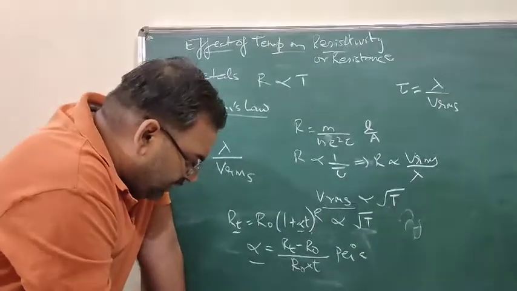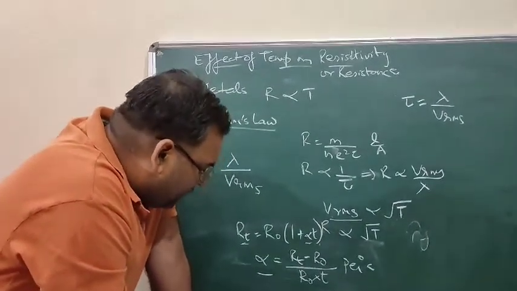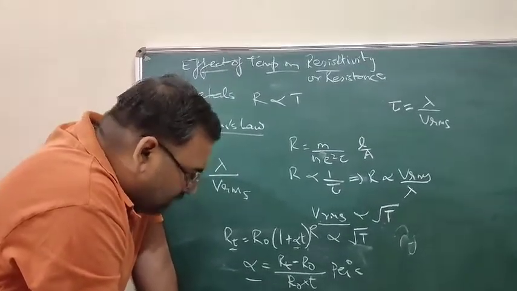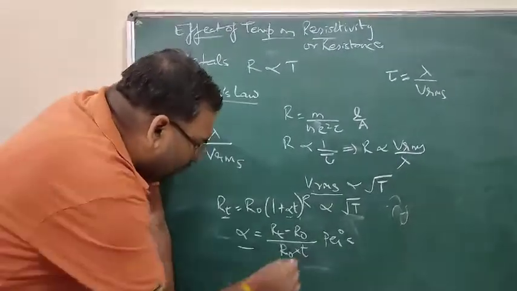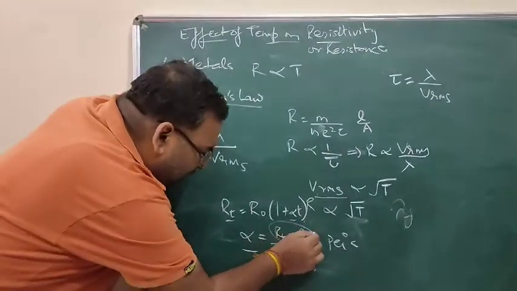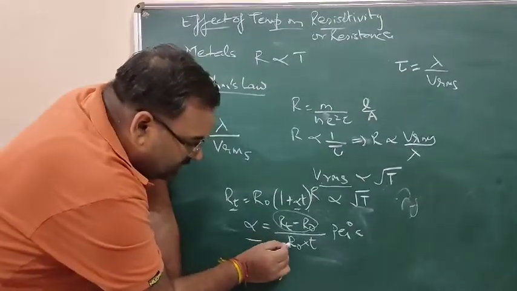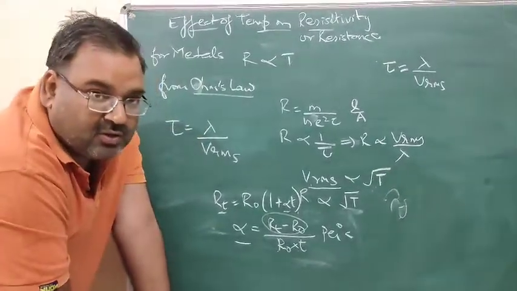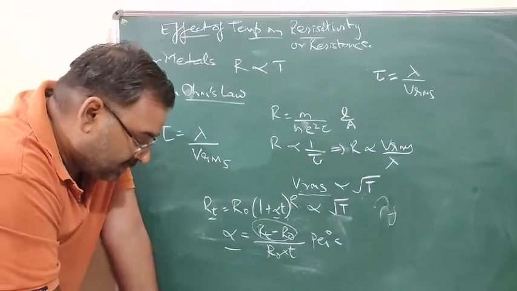Or, if we take R0 equal to 1 ohm and T equal to 1 degree, then RT minus R0 is the increase in resistance. So alpha is the increase in resistance upon the original resistance into the rise in temperature. That will give you the temperature coefficient of resistance.